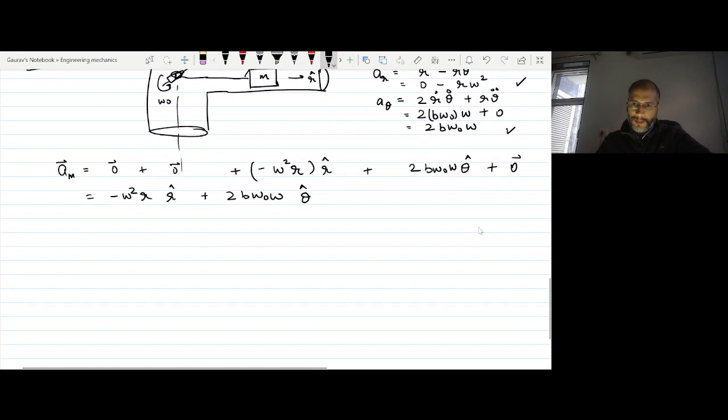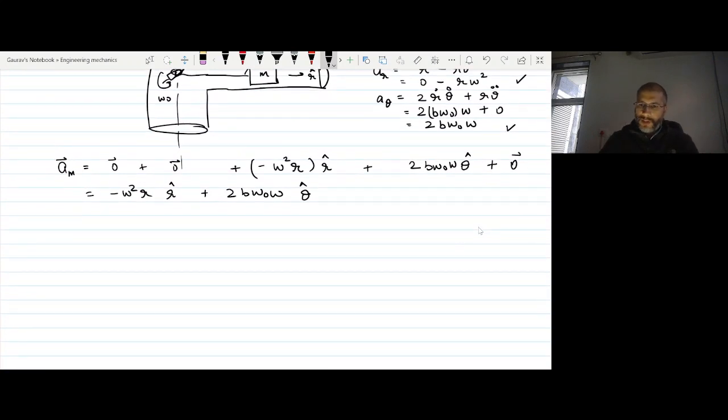Okay, so let's again quickly try to understand the expression of acceleration and just develop an intuition of the terms. So let's take the example of a circular earth. So let's say earth was a disk.